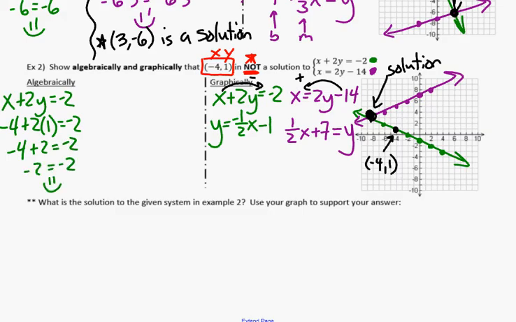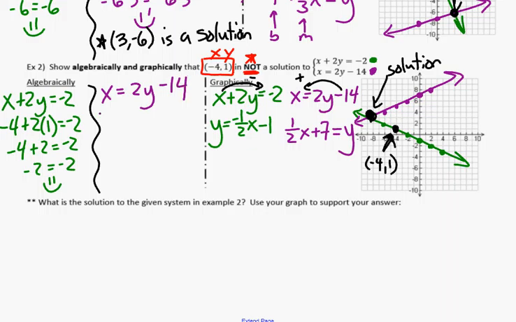But I thought it was not a solution. Well, come back over here and remember, this point, (negative 4, 1), is on the green line. And that's what this is telling me. And I'm okay so far because to be a solution, you have to be on both. Now we just have to prove that it's not on the purple. If it's on the purple, we did something very wrong.